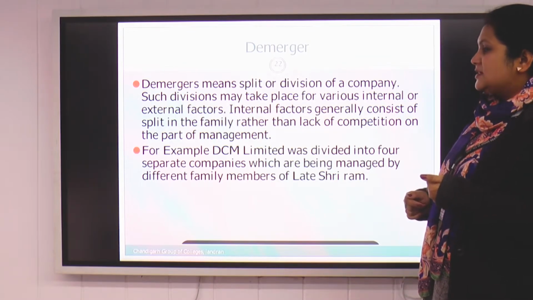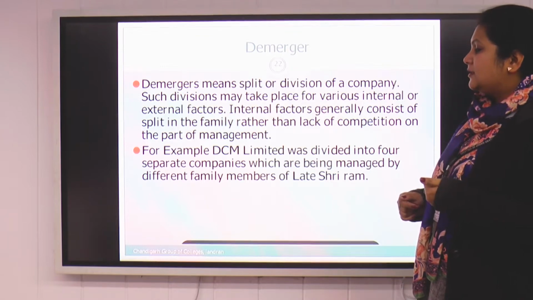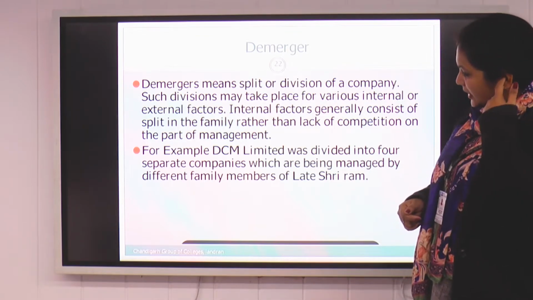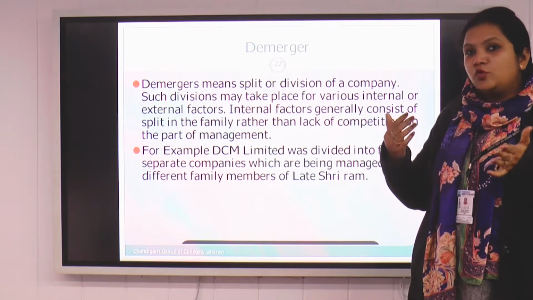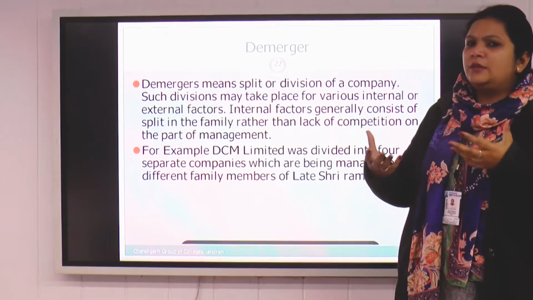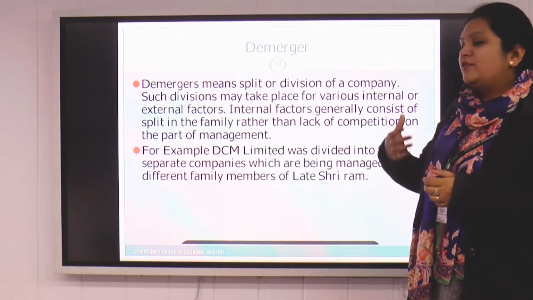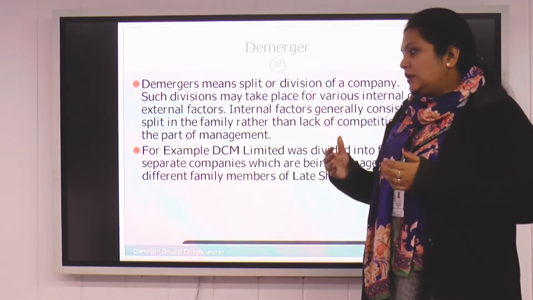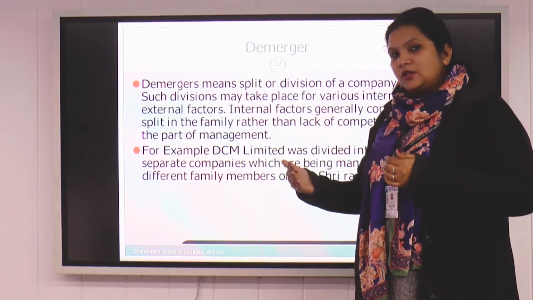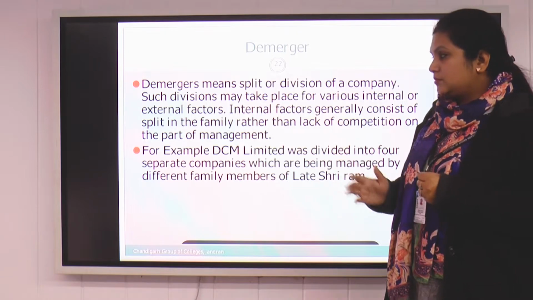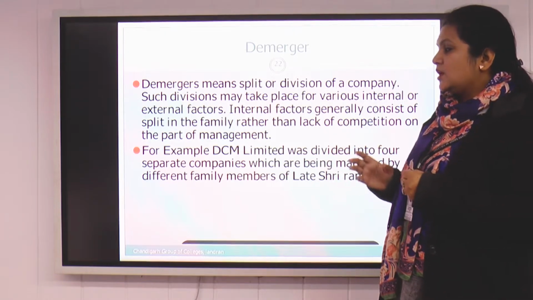Internal factors generally consist of a split in the family rather than lack of competition on the part of management. Like it could be that your unit is not profitable, or in Hindu family businesses there could be some family issue which leads you to demerge, to split that company, and sell part of the company's shares. That is called demerger.